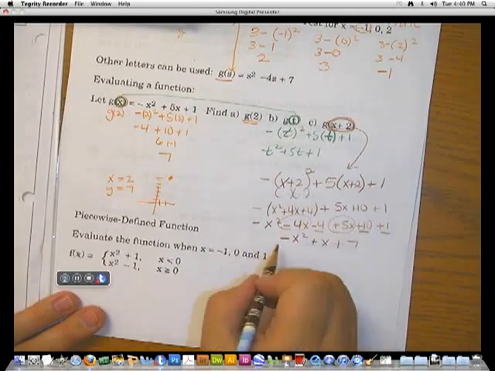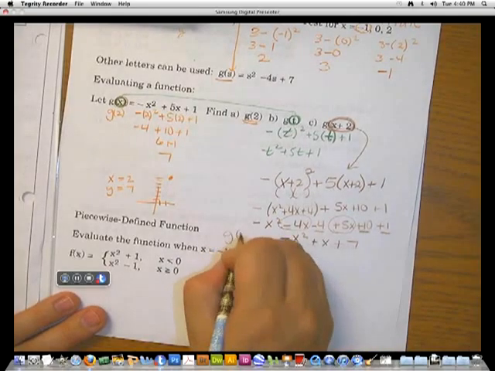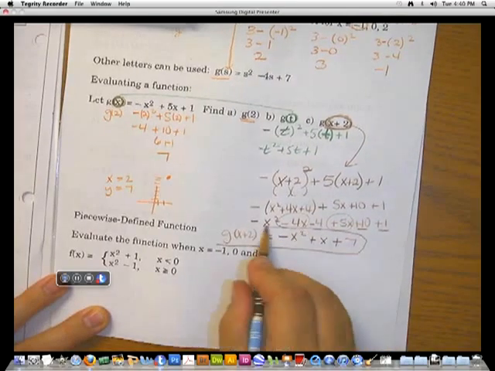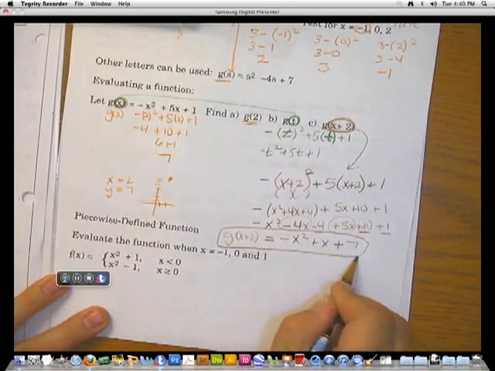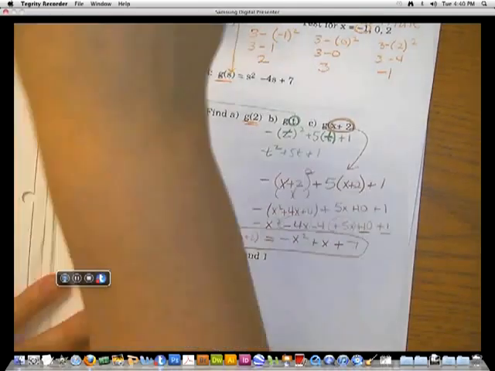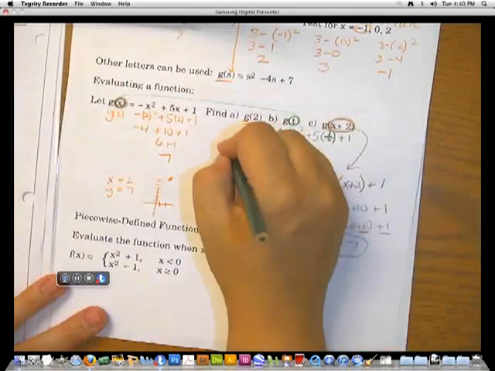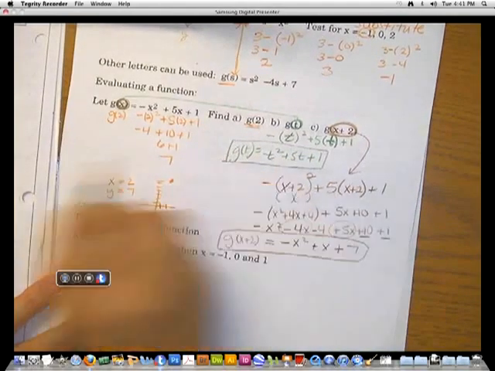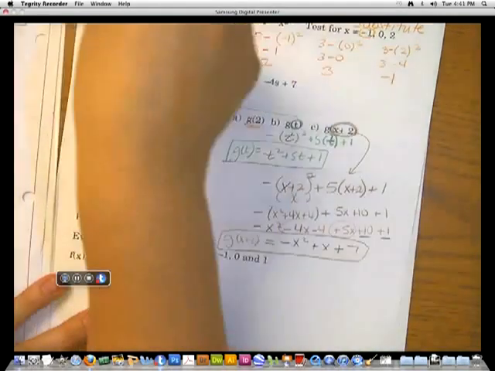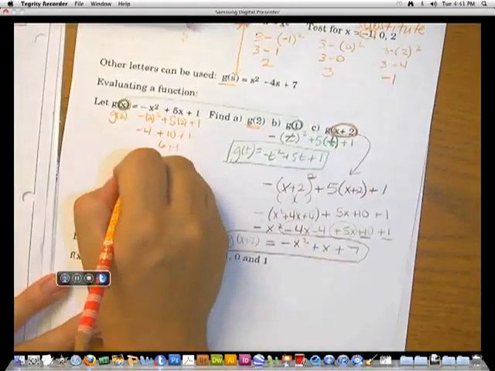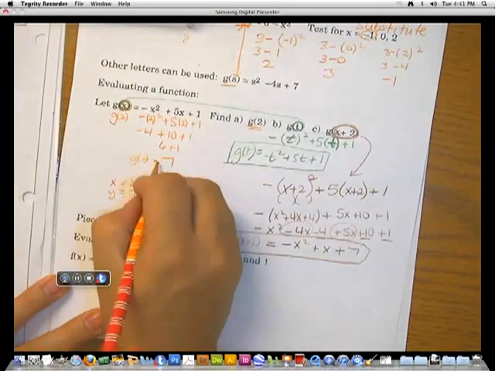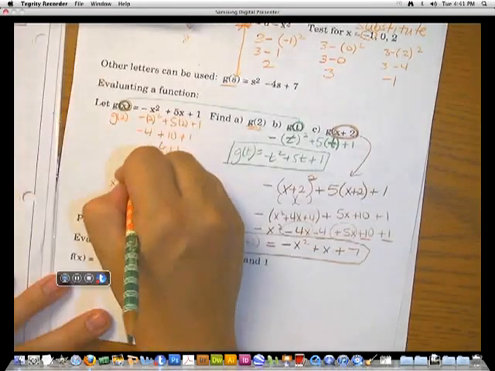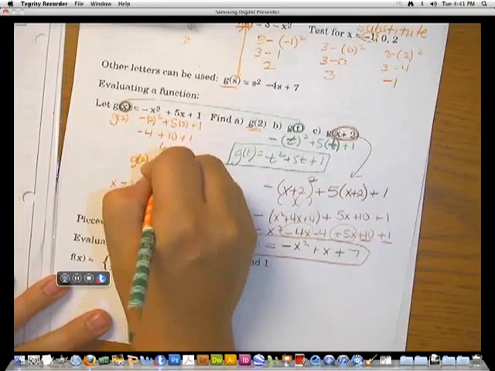Alright, so this g of x plus 2 is really that leftover. G of t, and then we have g of 2. Oops, I picked out the wrong one. G of 2.